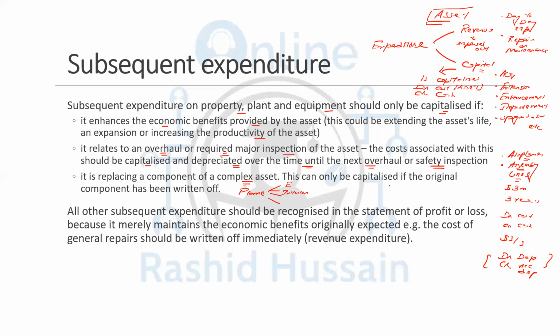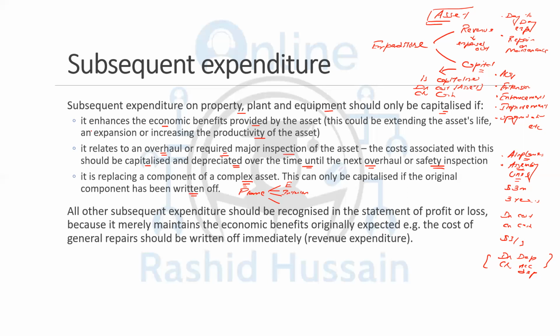It should be capitalized. But the condition for that is that the previous one should be written off. And you are taking out the previous interior. You're going to write that off, remove it from the cost of the asset, and then you are going to place the new interior into the cost of the asset. So the condition is that you have to remove the previous and then you are able to capitalize the new one.